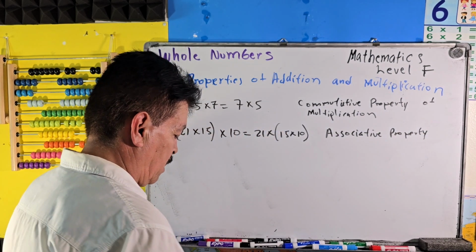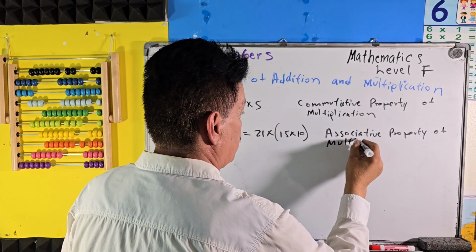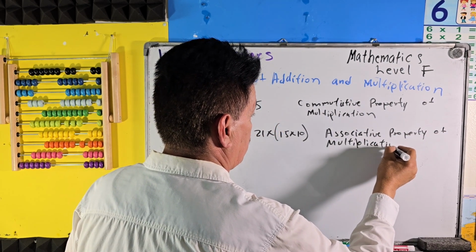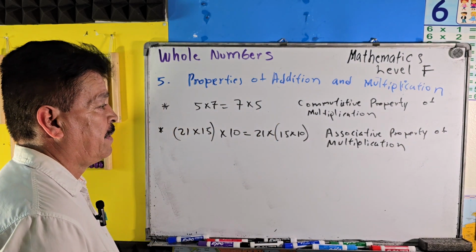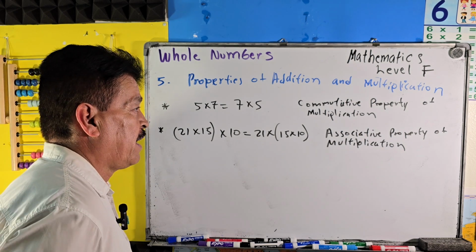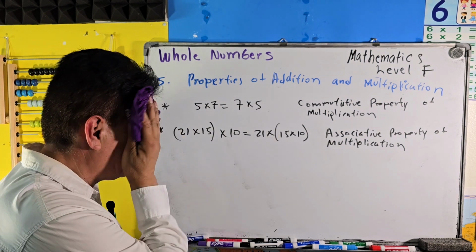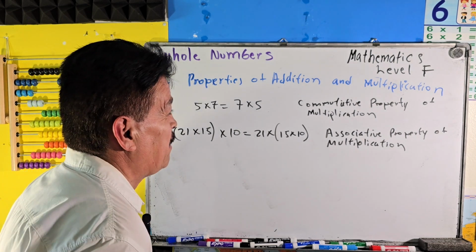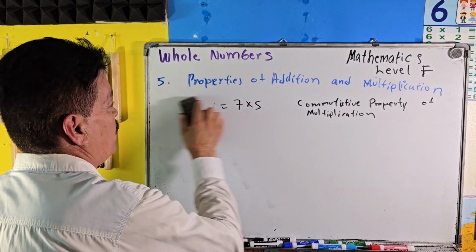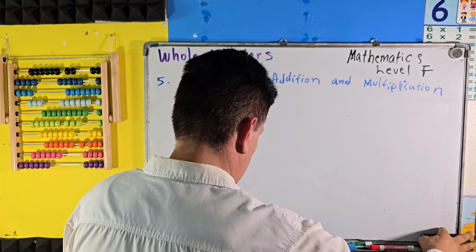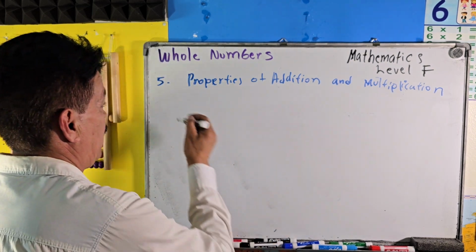It's a property of multiplication. These are properties that we have to know. These properties are very popular when you work with whole numbers in mathematics. Okay, let me erase these two properties and give you some exercises. Complete each question.